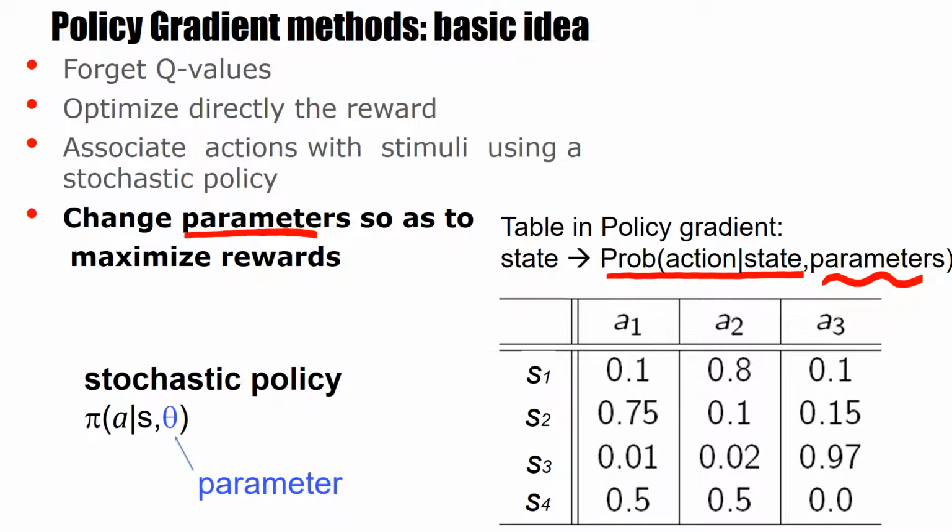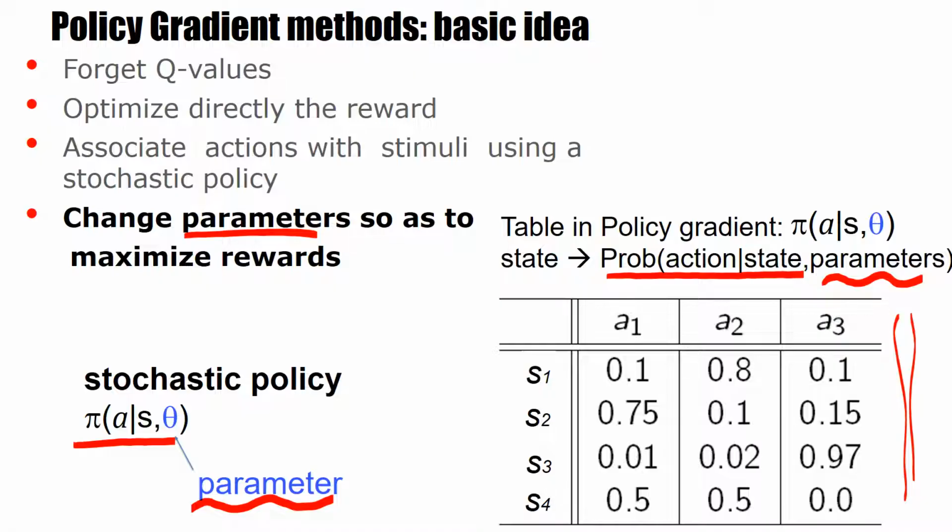So we can write this stochastic policy. The action depends on the state, and it also depends on parameters. So what we really show in this table over here is this stochastic policy P for an action given the state, and that all this depends on parameters.